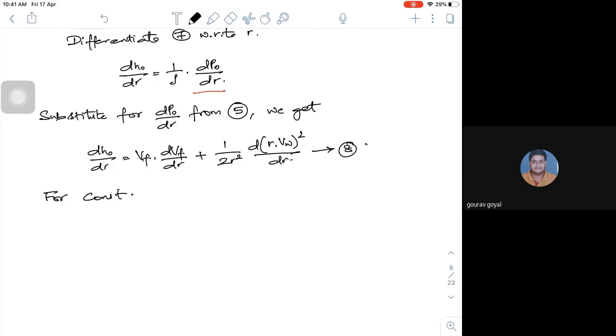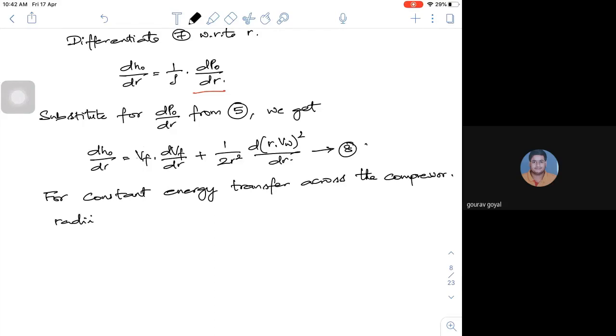In case 2 itself, if I go for a sub case, that is for constant energy transfer across the compressor radii, that means at all the radii.